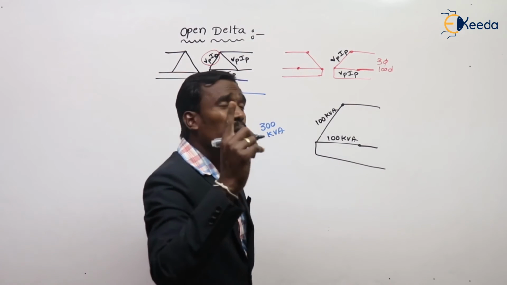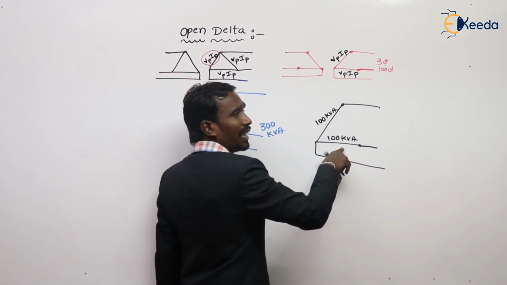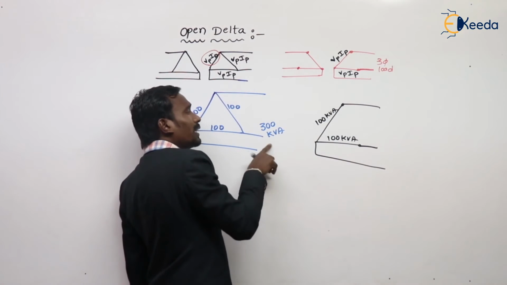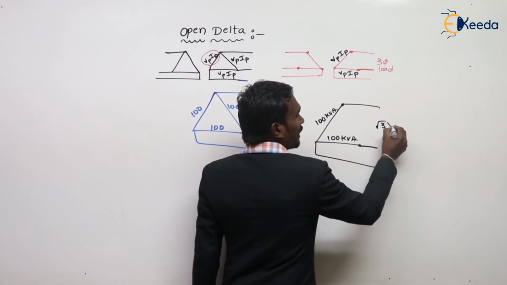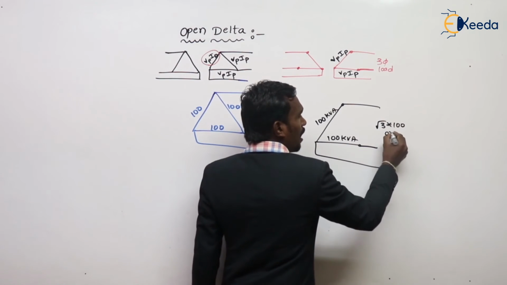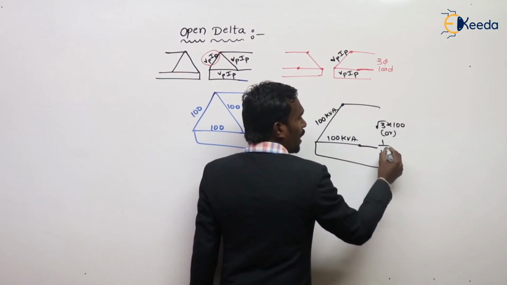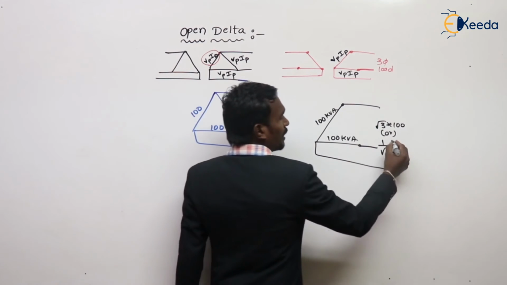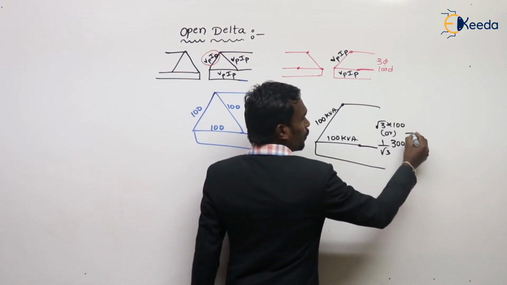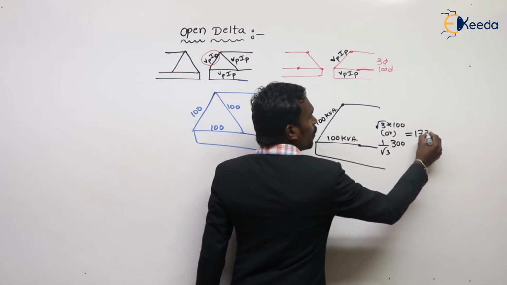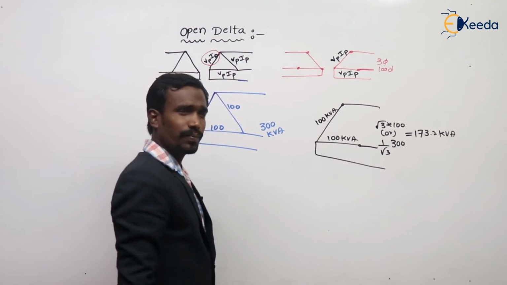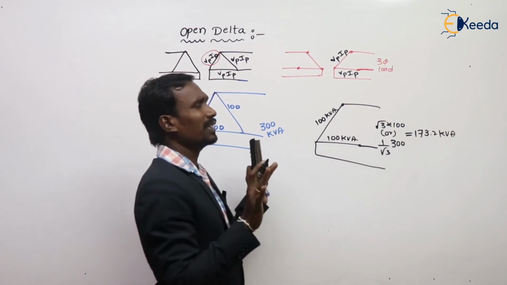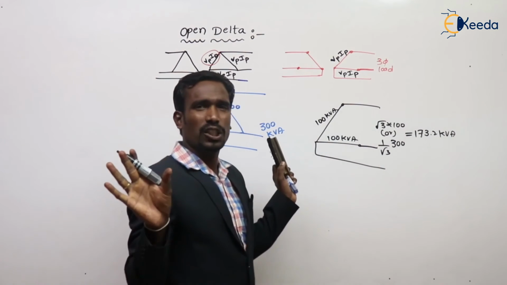It is 1 by root 3 times of closed delta, nothing but simply 1 by root 3 times of 300, or root 3 times of 100. This value, 173.2 kVA, will come. This is the perfectly fully loaded condition.